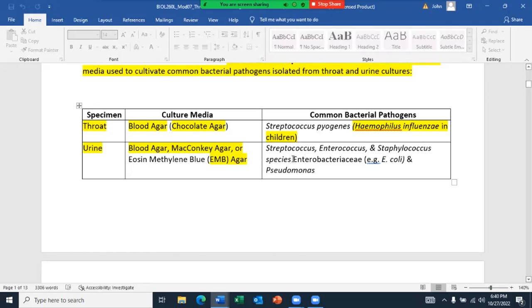For the other species, we grow them on blood agar, not because they require blood agar to grow, like obviously Staphylococcus species can grow on general purpose media, but it can grow in blood agar as well. But then there's Streptococcus, which at least most species do not grow on general purpose media, so we grow it on blood agar. And blood agar will also grow Enterobacteriaceae and Pseudomonaceae, meaning the Pseudomonas.